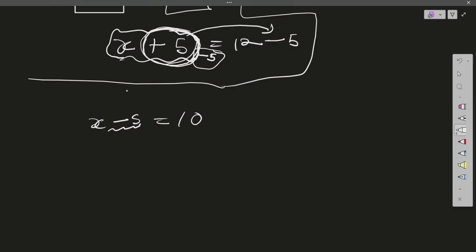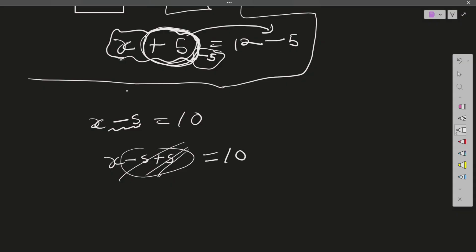When we want to transpose or get rid of this minus 5, we use the opposite of that sign. The opposite of minus is plus. So if we have x minus 5, we must say plus 5. A minus 5 and a plus 5 basically cancel each other out.